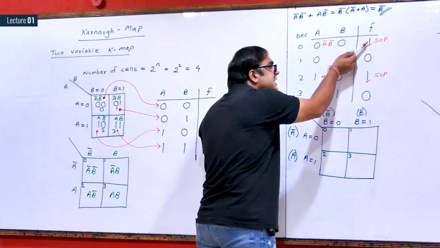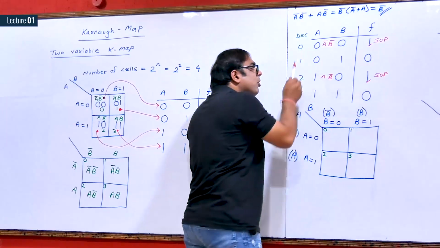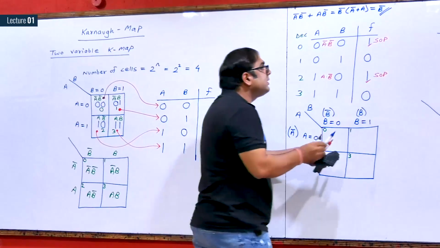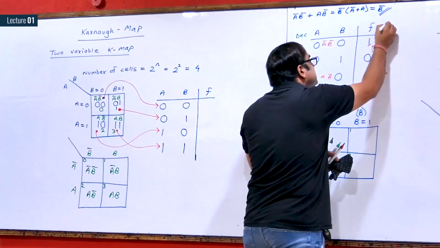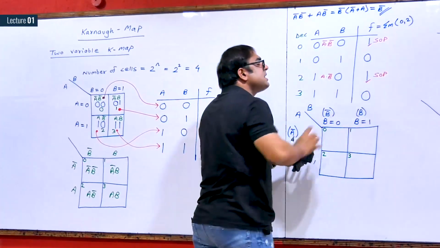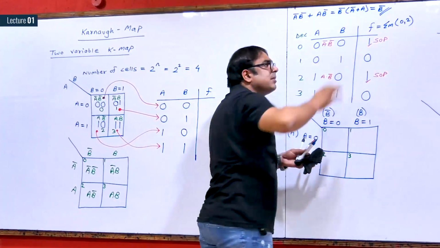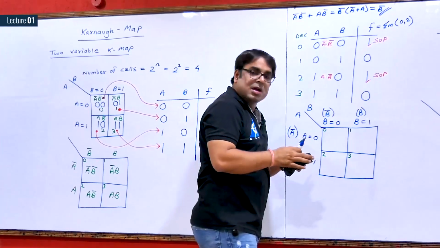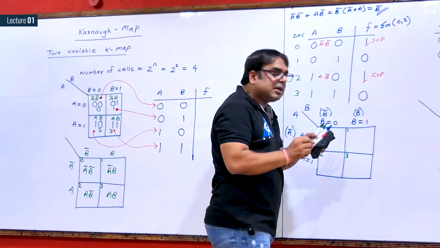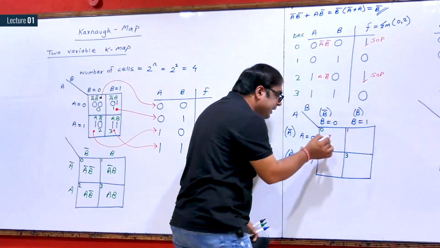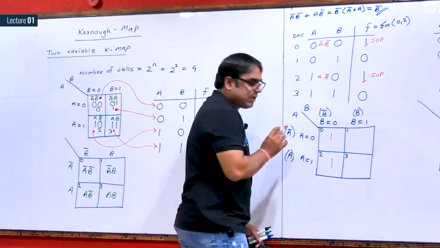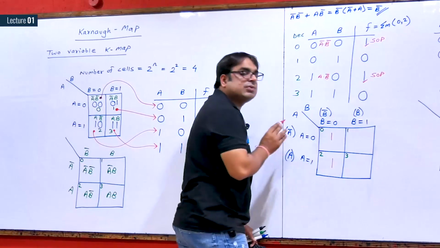What does this function exactly mean? It is summation m 0, 2. The min-term numbers are 0 and 2. It means in cell number 0 and cell number 2, I will put a 1 here.